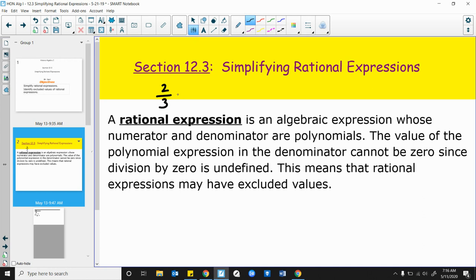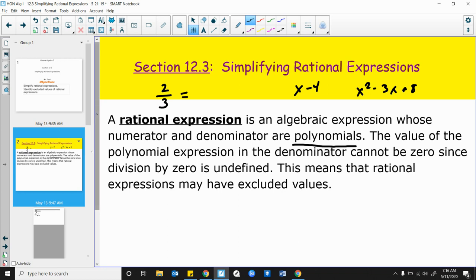In this case, a rational expression will have polynomials in it, so x minus 4 or x squared minus 3x plus 8, all those different polynomials will be in a rational expression.